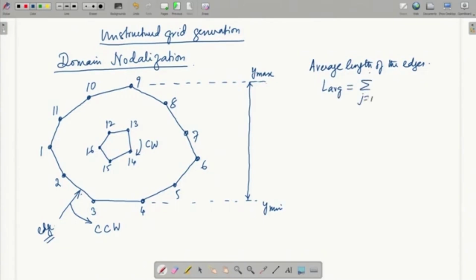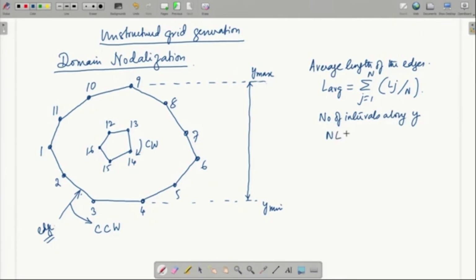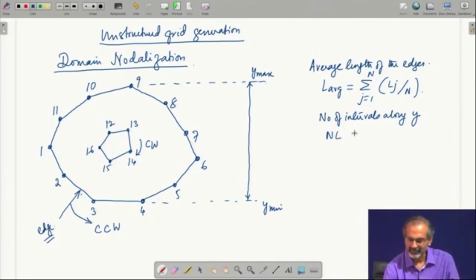So, if there are n number of edges, we try to do this calculation, and then we would calculate a number of intervals along the y direction. Let us call that interval number n L.